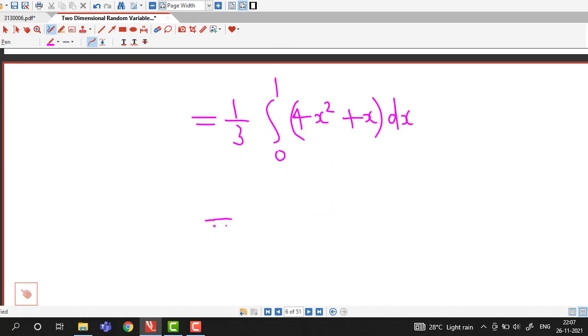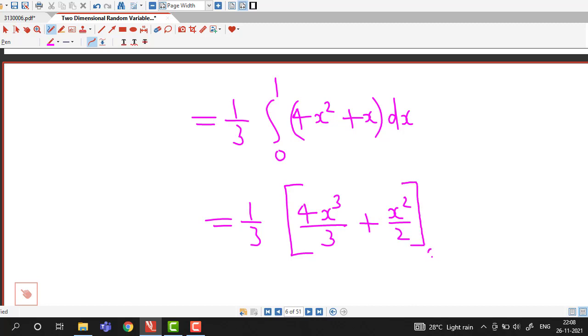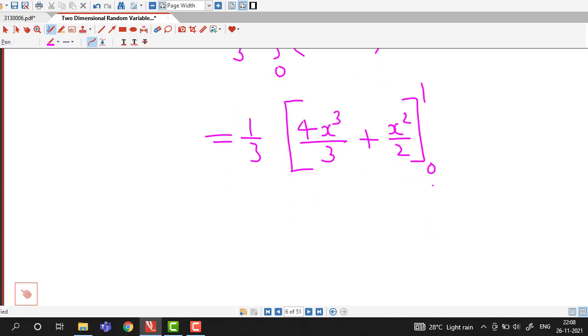Now this is easy to integrate. 4 as it is, integral of x square is x cube by 3 plus integral of x is x square by 2. x is from 0 to 1. So for upper limit we will have non-zero contribution. We take x equal to 1 and we obtain 4 by 3 plus 1 by 2, and contribution for lower limit will be 0.